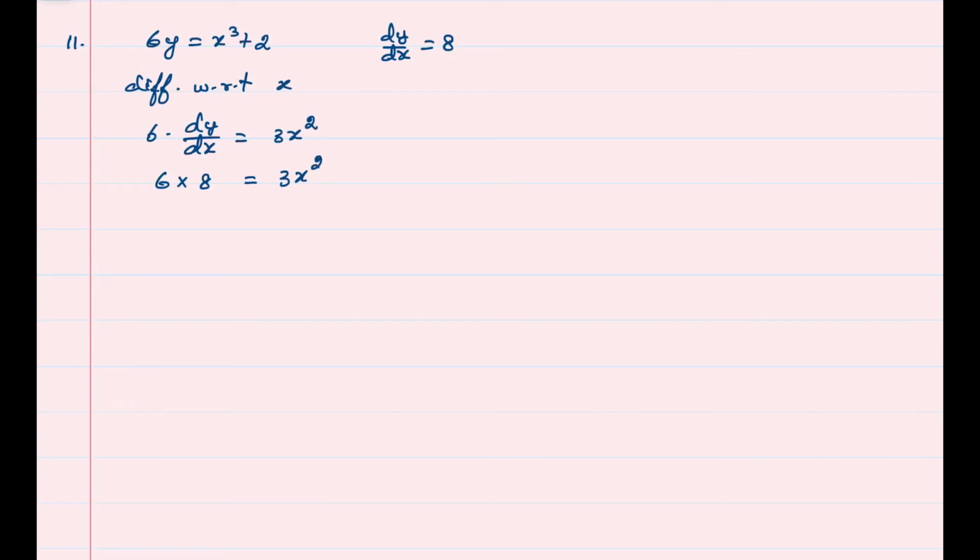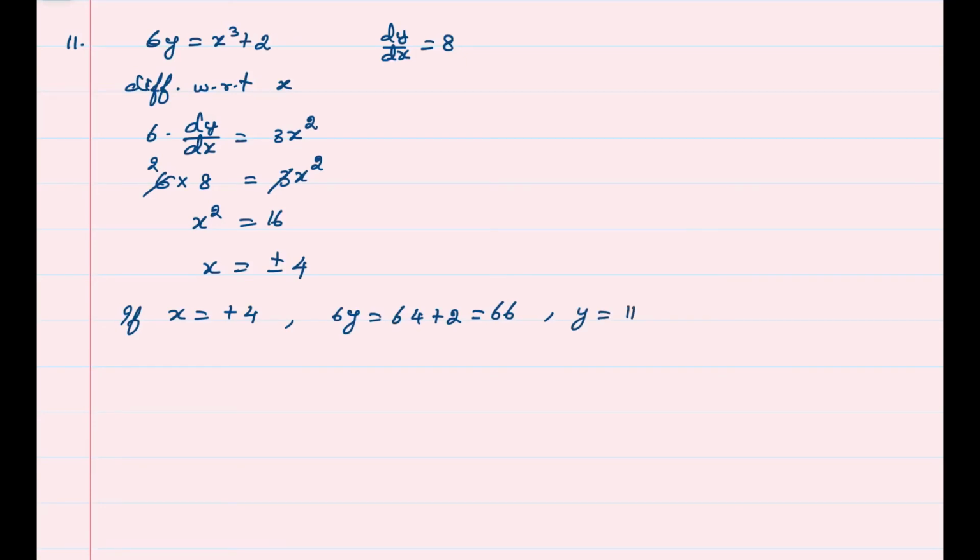48 is 3x square, x square is 16, therefore x is plus or minus 4. If x is plus 4, we will find y by substituting it in the given equation. 6y is 64 plus 2, which is 66, y is 11. Therefore, the point is 4, 11.